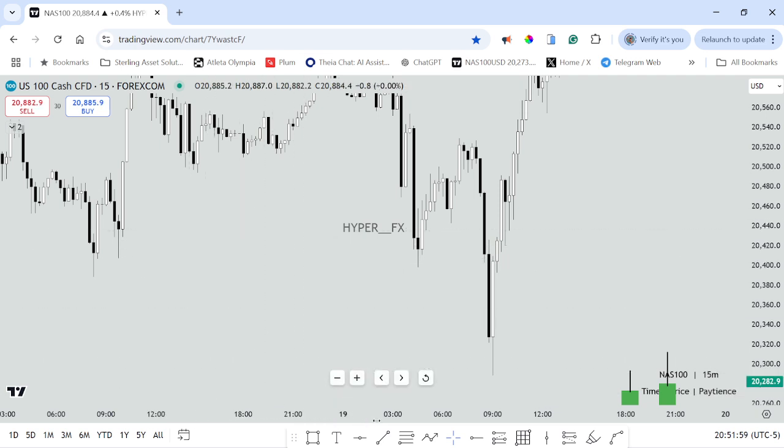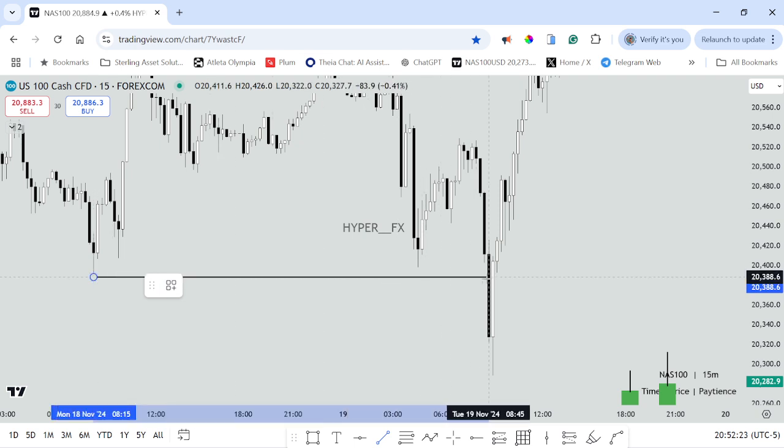So just to quickly demonstrate what I showed you, time of the day is very important, because this time is when economic events are being released, like the CPI, PPI, unemployment claims news that usually drive the market down. All right, so this right here is the sell side liquidity that was taken. That's the SSL.